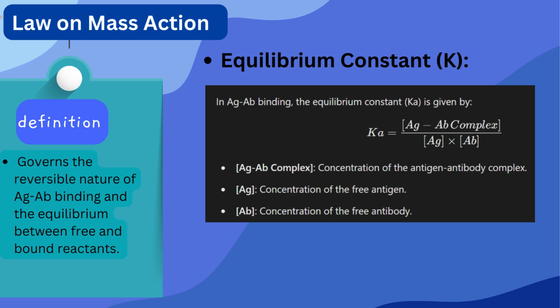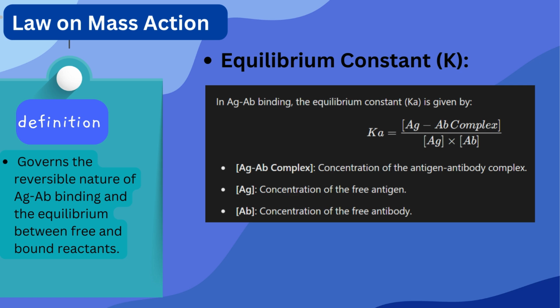In short, guys, a higher Ka or equilibrium constant indicates a stronger binding affinity, meaning the antigen and antibody tend to stay bound. So it favors the formation of a complex, and a lower equilibrium constant suggests weaker interactions with more antigens and antibody remaining in their free states.